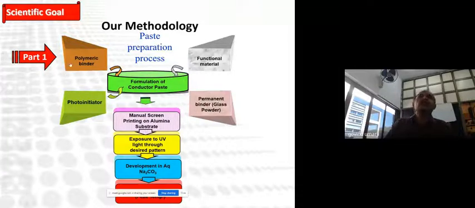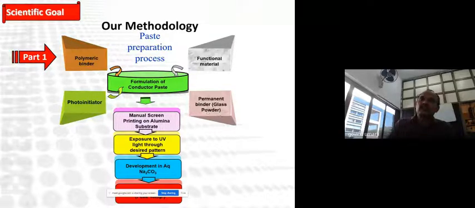Then we need a polymeric binder, which makes the nanocomposite and brings the photopatternability. Then we require a photoinitiator, which initiates free radical polymerization at a particular wavelength and cross-links that polymer.